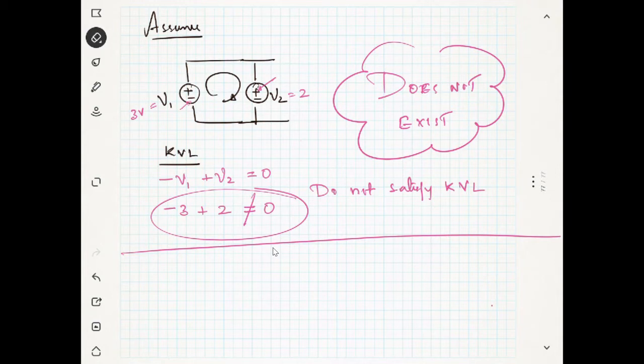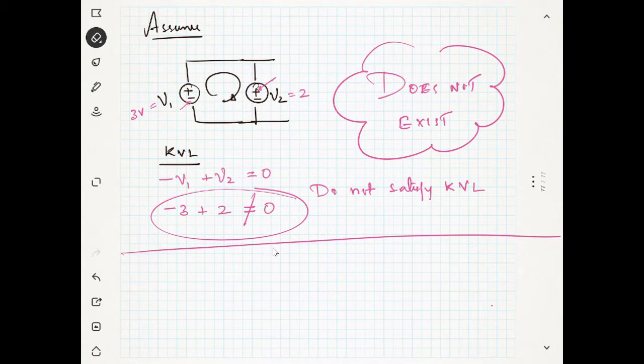If you connect like this, what will happen? Your big battery, actually the car battery, will give some high current to your 1.5 volt battery, and sometimes it will burst and it will harm you. So don't connect like this.